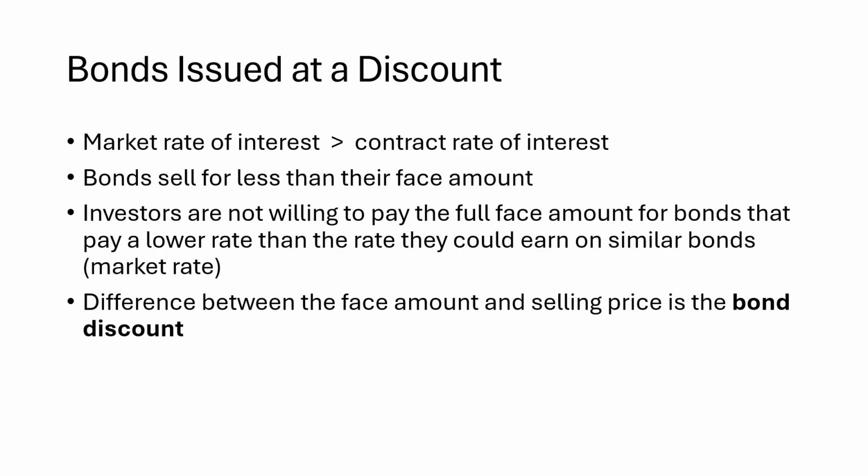So the business offering that lower interest rate bond has to discount the price of the bond to entice investors to purchase those bonds. So if the face amount is $1,000 and the discount amount is $900, then the $100 difference is called the bond discount.